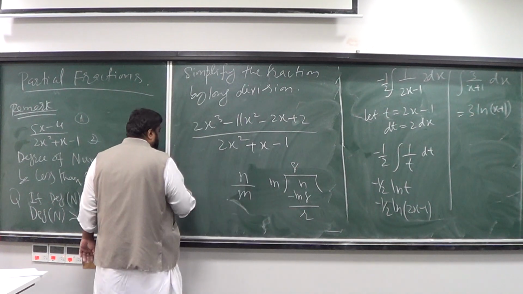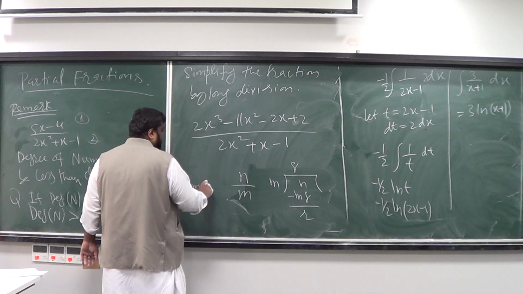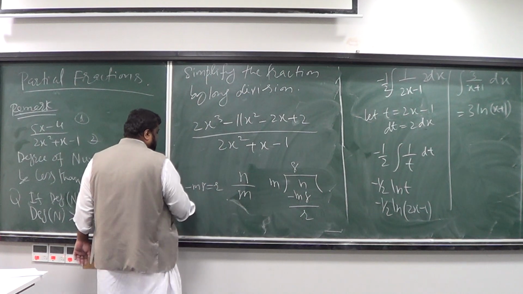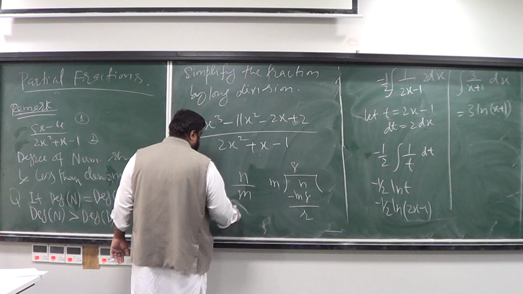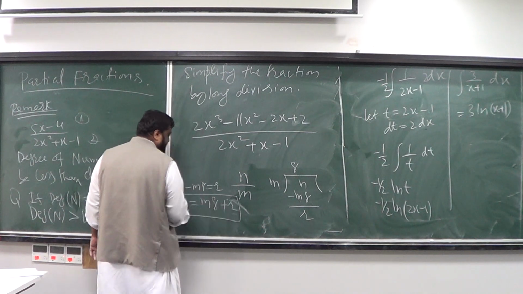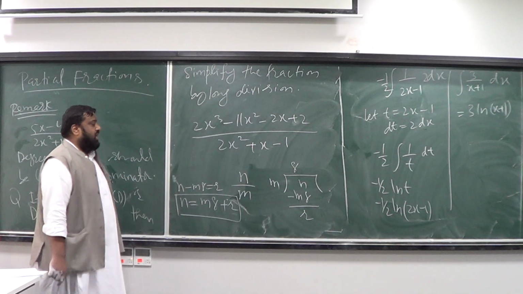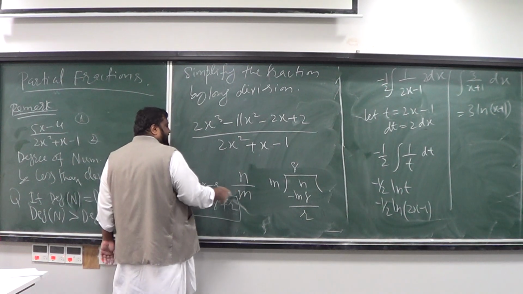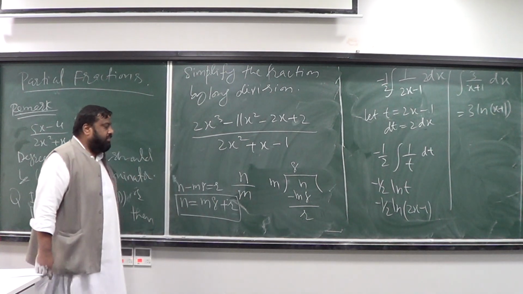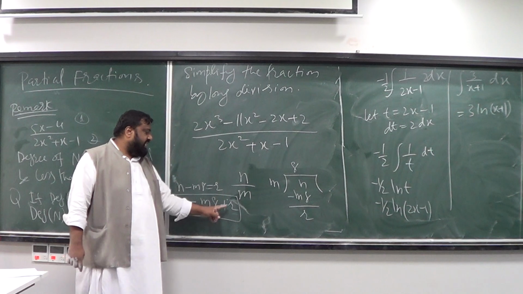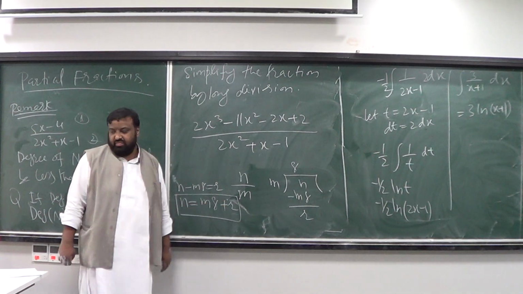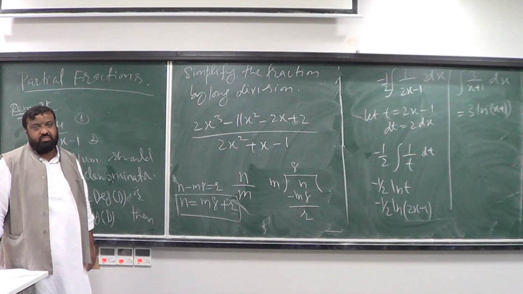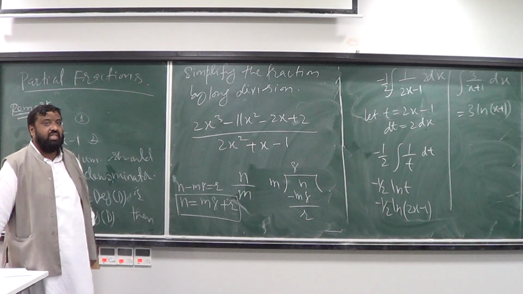So n minus mq is r, that means n is m multiplied by the quotient plus the remainder. You can write this as mq plus r.